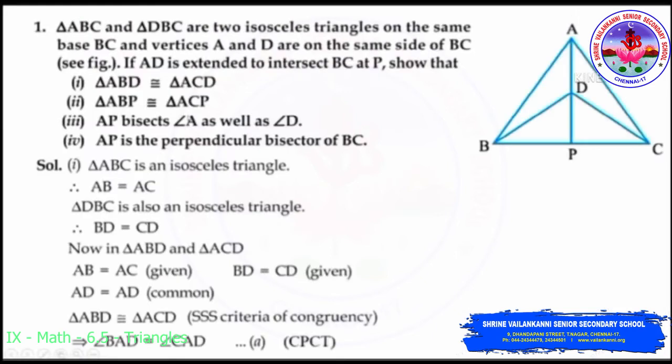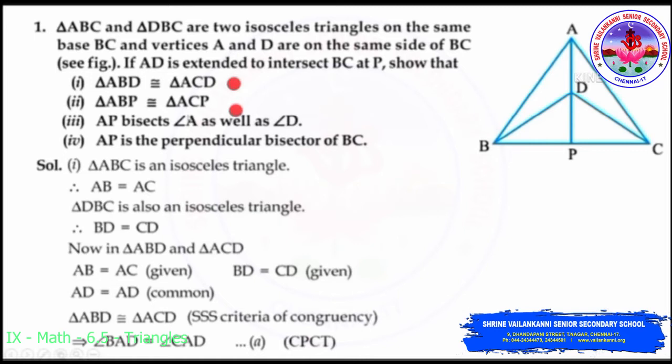Coming to exercise 7.3, first problem. Triangle ABC and triangle DBC are two isosceles triangles on the same base BC, and vertices A and D are on the same side of BC. If AD is extended to intersect BC at P, show that triangle ABD is congruent to triangle ACD.